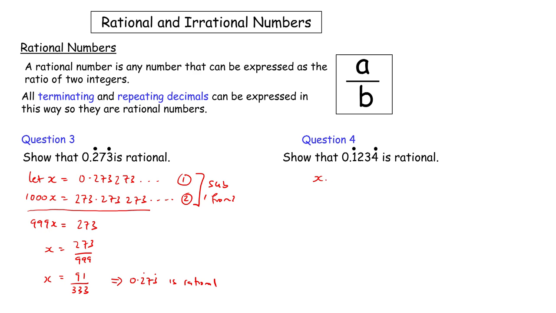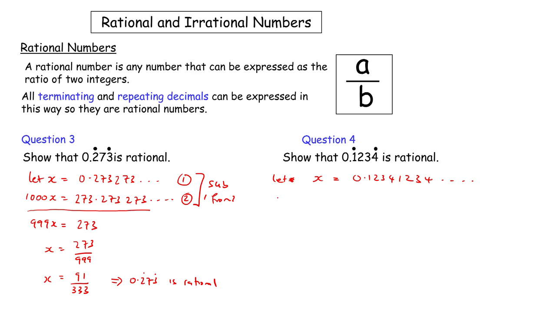So again, let x be equal to 0.1234, 1234 recurring. So I need to take that 1234 over to the left hand side so that I can start again with 1234.